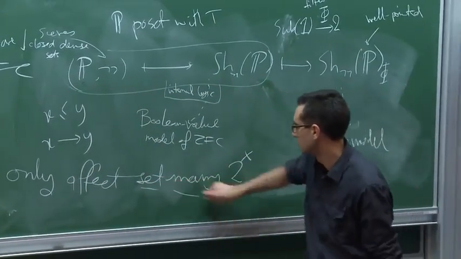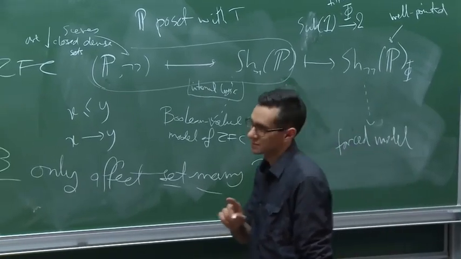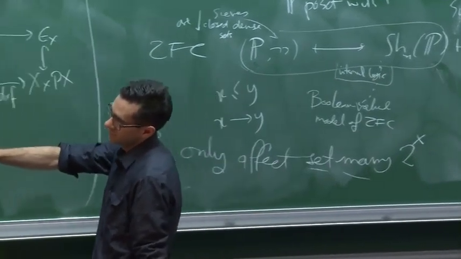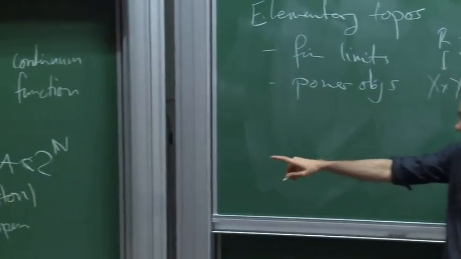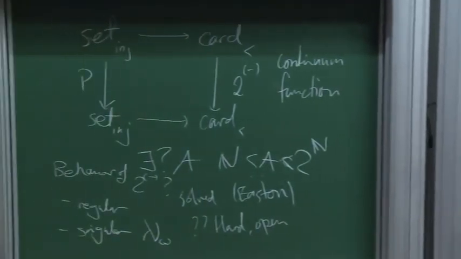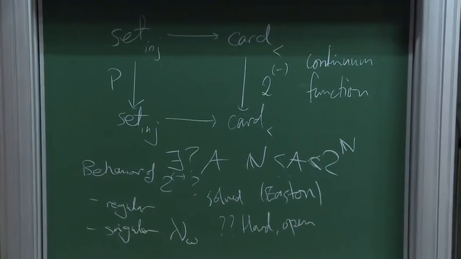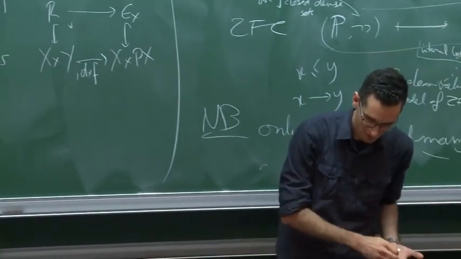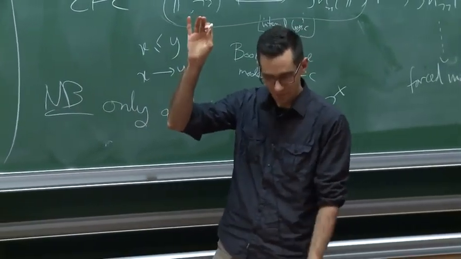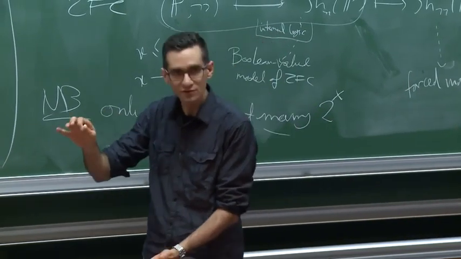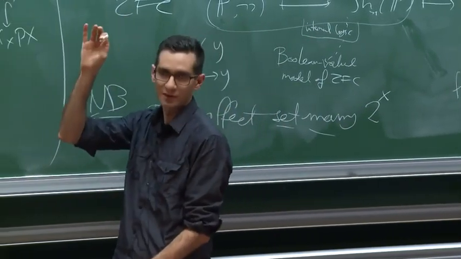But the problem is Easton's solution involved adjusting a proper class of values of the continuum function at a proper class of regular cardinals. So you can't just, literally, you can take all the regular cardinals, of which there are, I can't say most of the universe, but it just keeps going up.